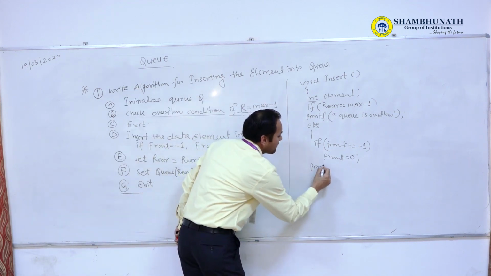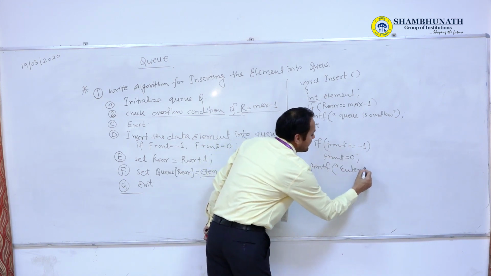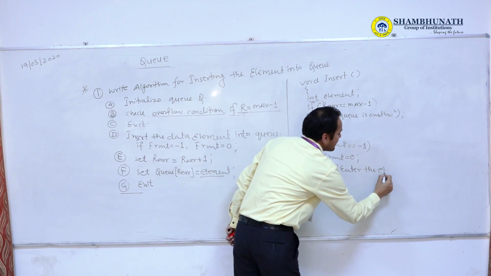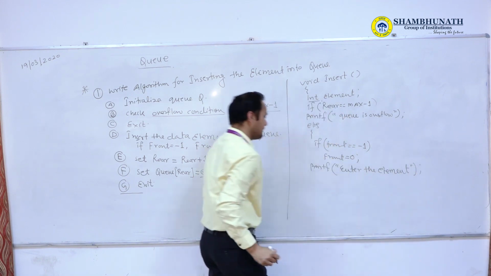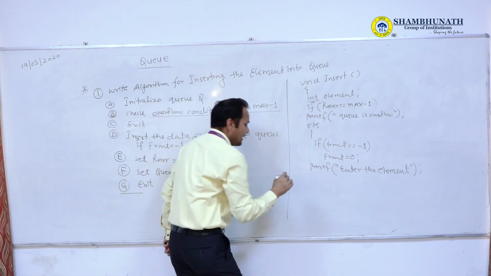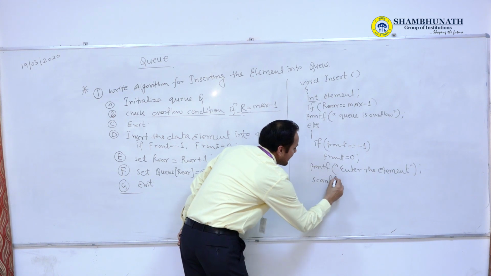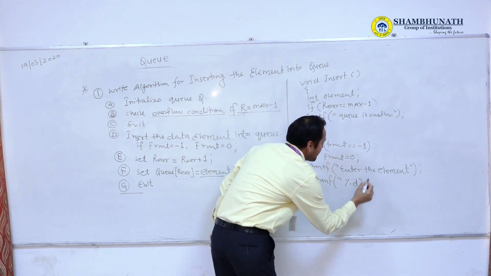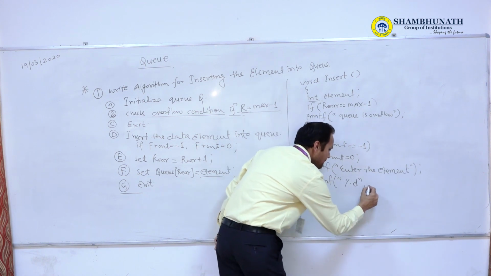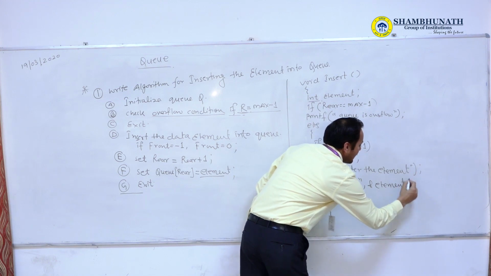First print a message to the user, enter the element, and the user inputs the number: scanf percent d, because element is integer type, and element.